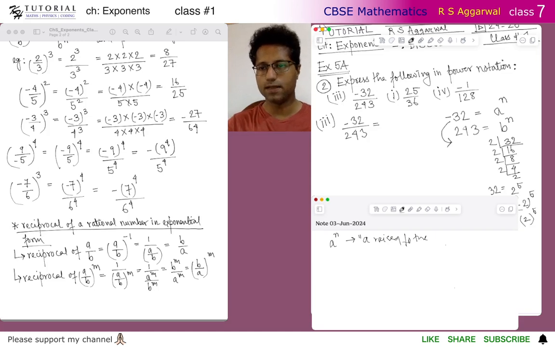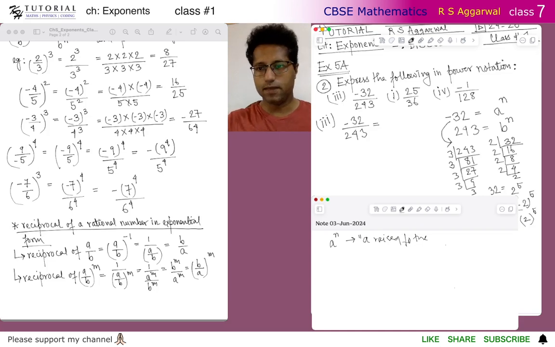So we have got n equals 5. Now similarly we have to find b. If you divide by 3, you will get 81, 27, 9 and 3. So 243 is 3 to the power 5.